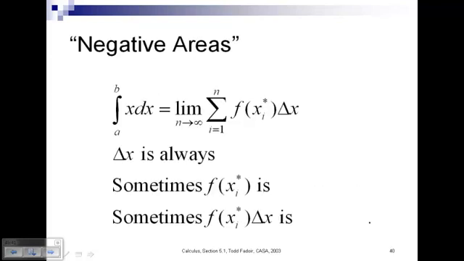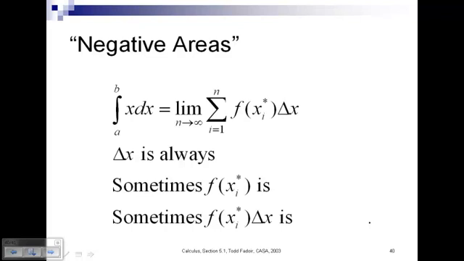Here's my last point. Notice the word negative areas is in quotes. Our delta x and our dx are always considered to be positive values as we go from left to right. But we know that sometimes our function values are negative.